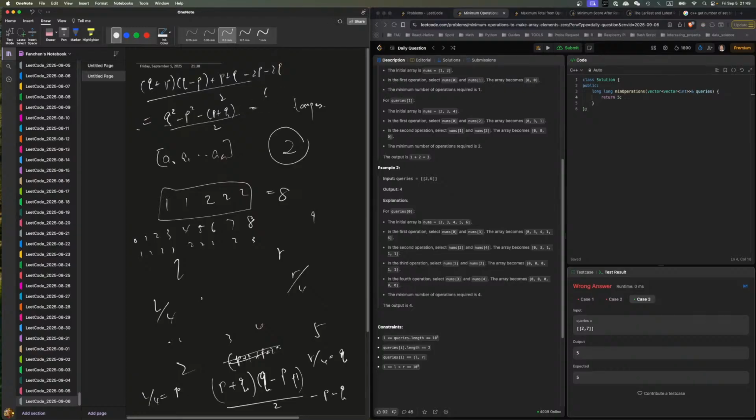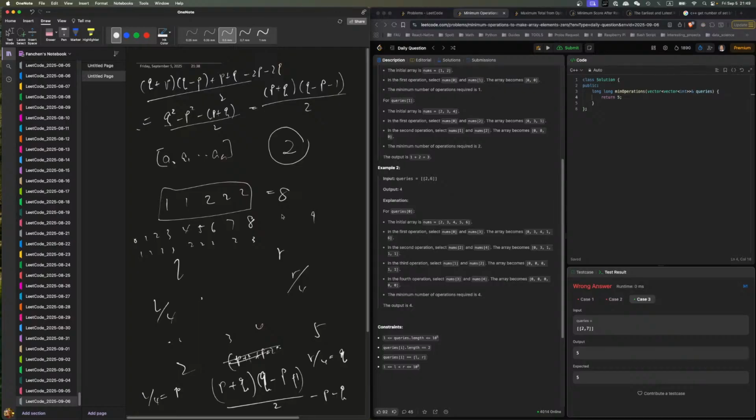This is P plus Q, right? Q minus P minus 1 divided by 2. Which I think I can derive from here as well, because this is P plus 1 plus Q minus 1, right? And then it's going to be Q minus 1 minus P plus 1.